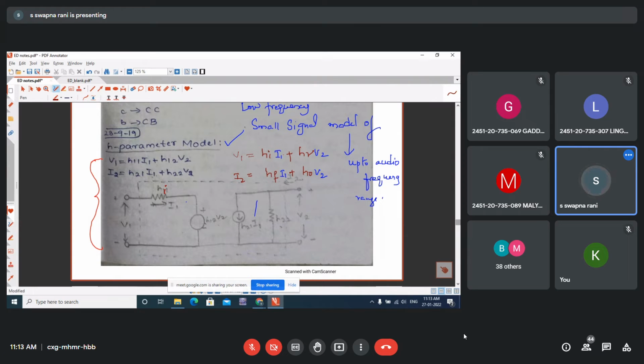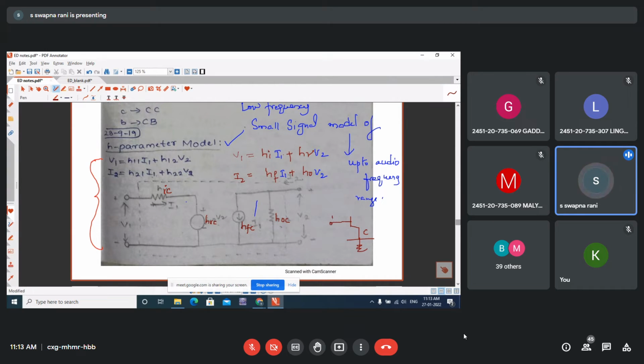Suppose common collector, then I will write HIC. Then I will write here HOC. I will change it to HFC. I will change it to HRC. All the four H parameters. Later, by drawing the common collector, the collector is grounded.